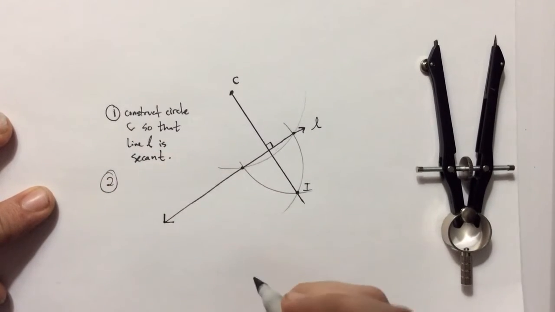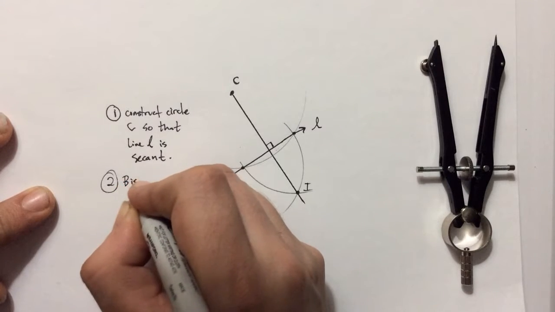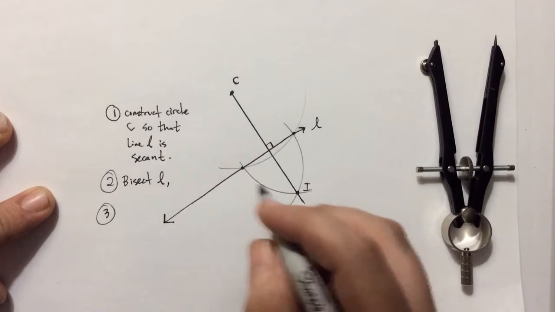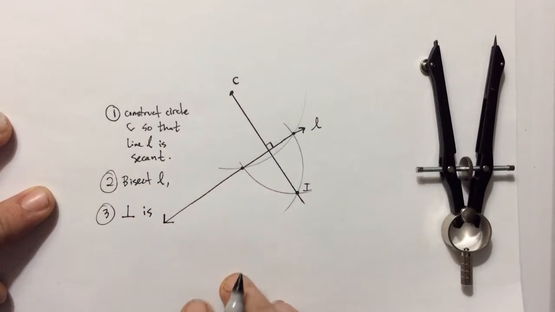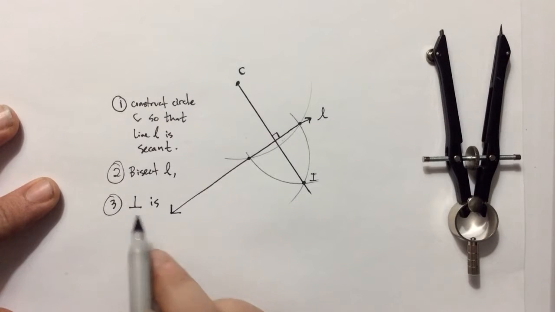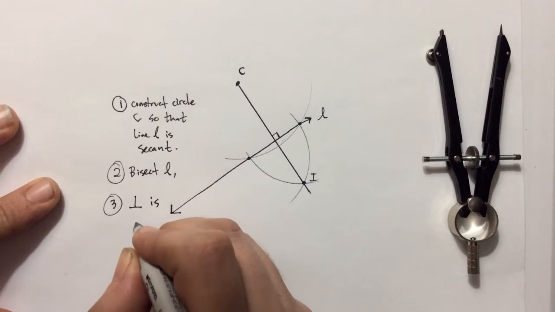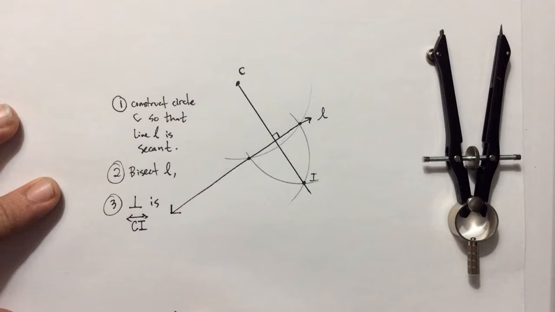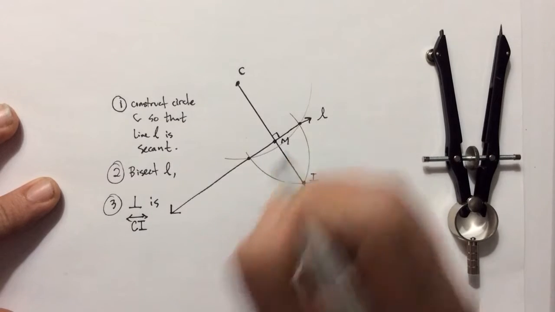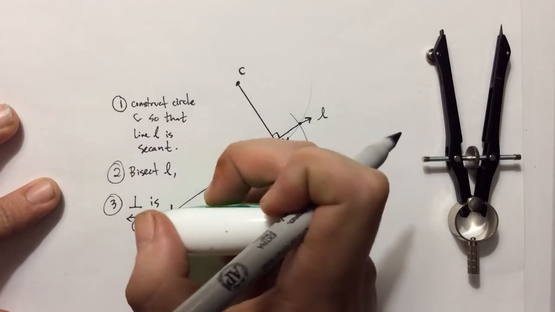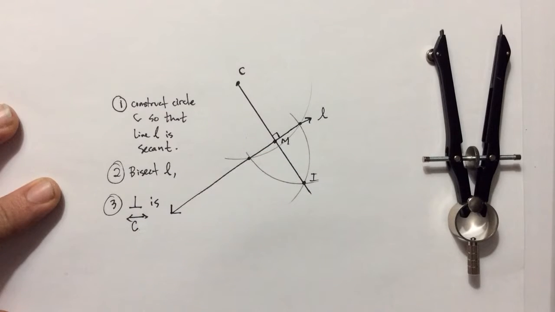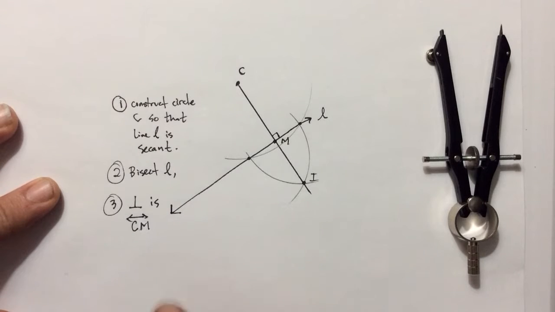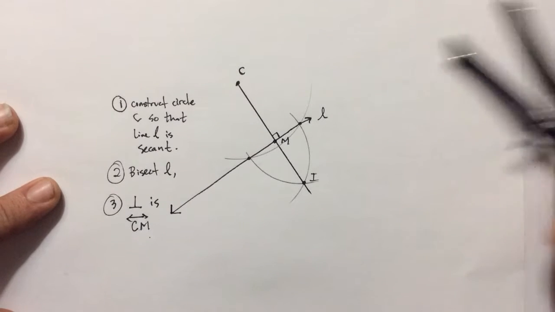Number 2, we bisect line L. And number 3, the perpendicular line is line CI. Or maybe if we called this point M. Yeah, let's do that. Since I said bisect L, let's assume that we've given that little segment a midpoint M, and we'll say that the perpendicular is CM. So there's our perpendicular.